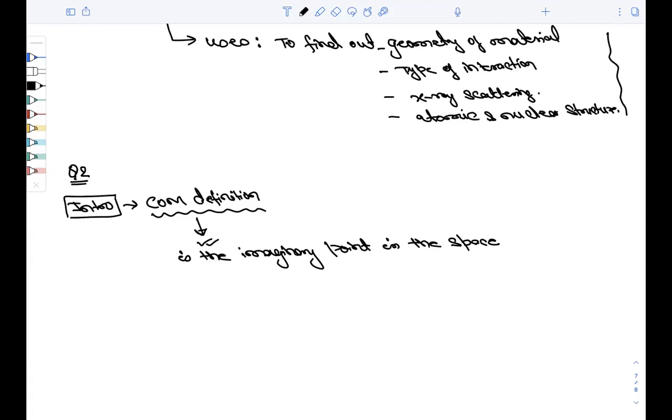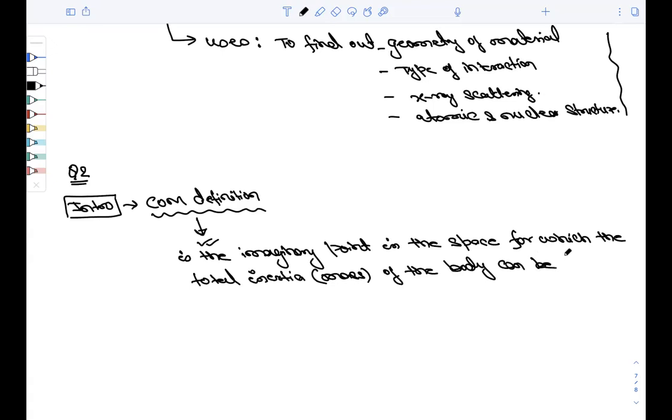It is the imaginary point in the space for which the total inertia, in brackets mass of the body, can be treated as concentrated or is concentrated.